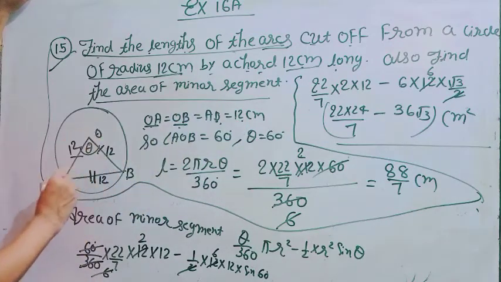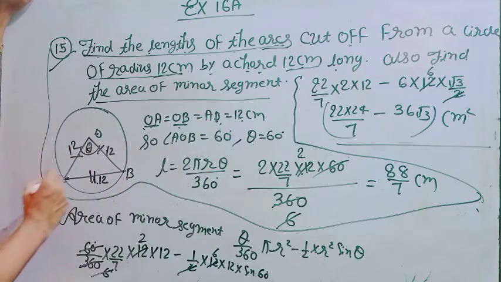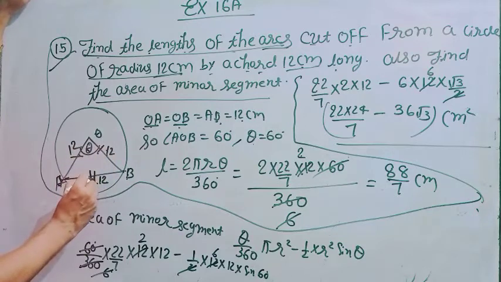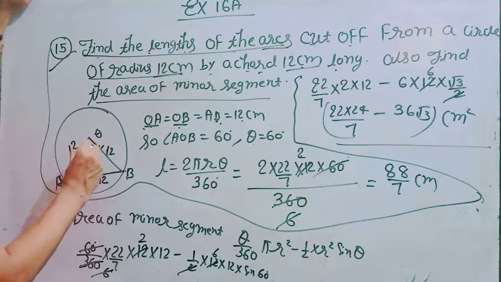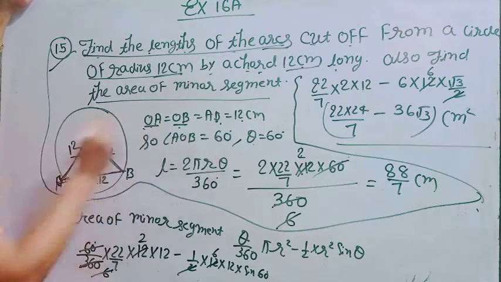That it is clear, OAB is an equilateral triangle because all three sides are equal. Hence theta will be 60 degree.